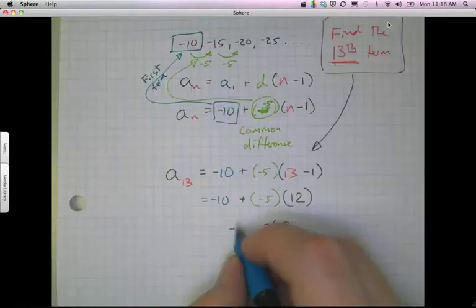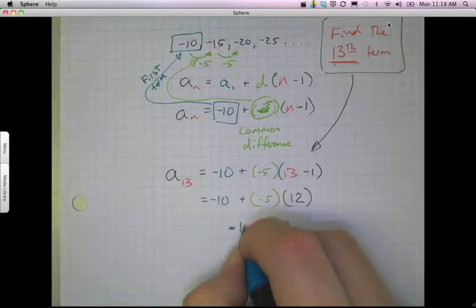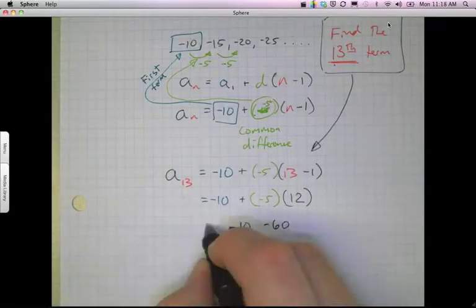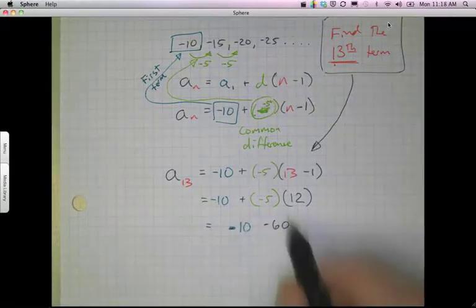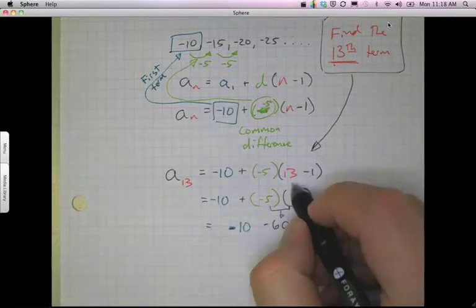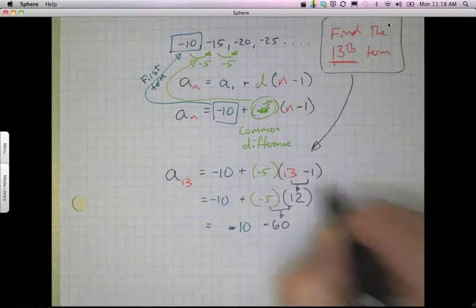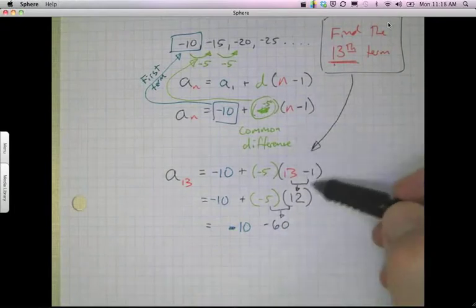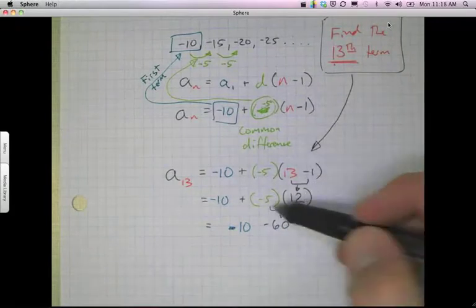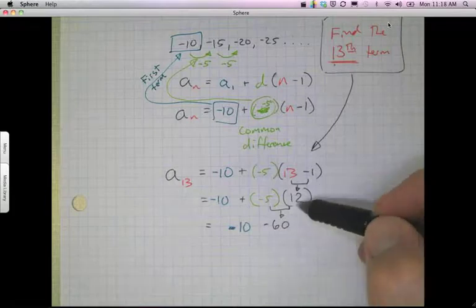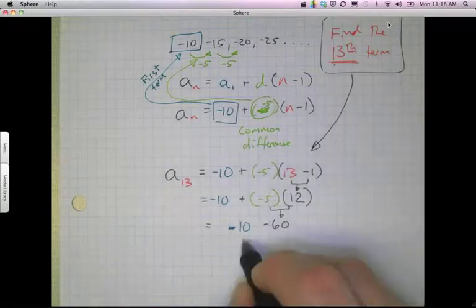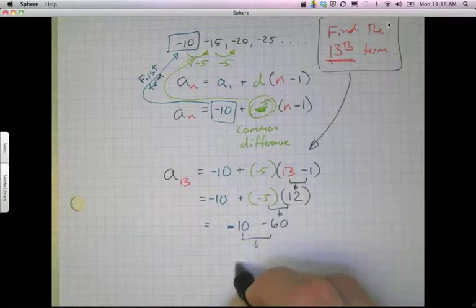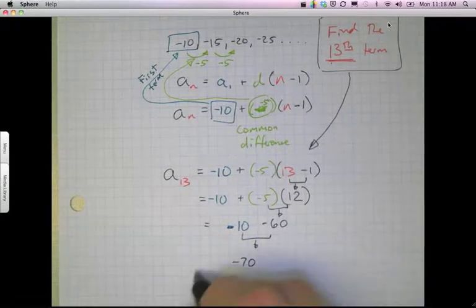So these two get multiplied together to become that. I should draw little arrows that show the 13 minus 1 becomes a 12. And then the negative 5 times the positive 12 gives you negative 60. And then these two together, when you add them together, give you negative 70. And there is my answer.